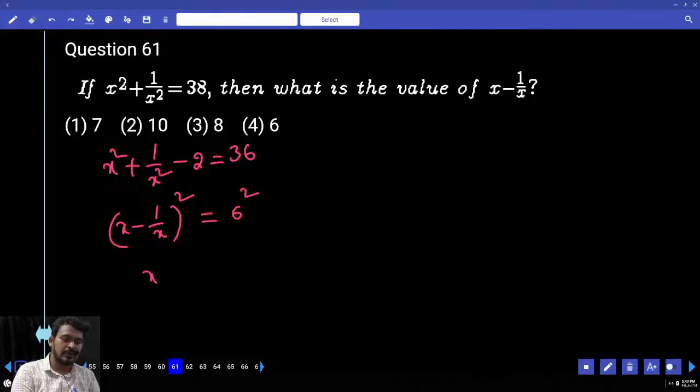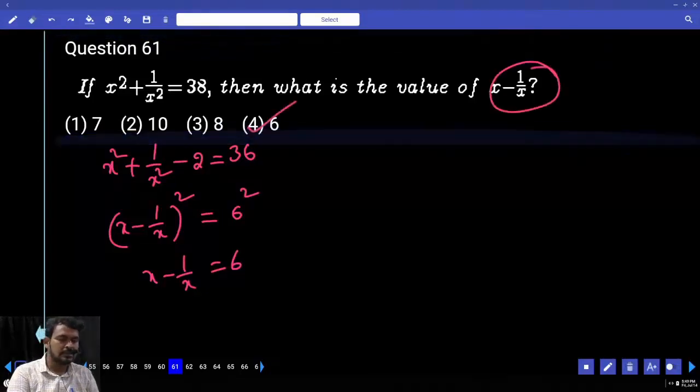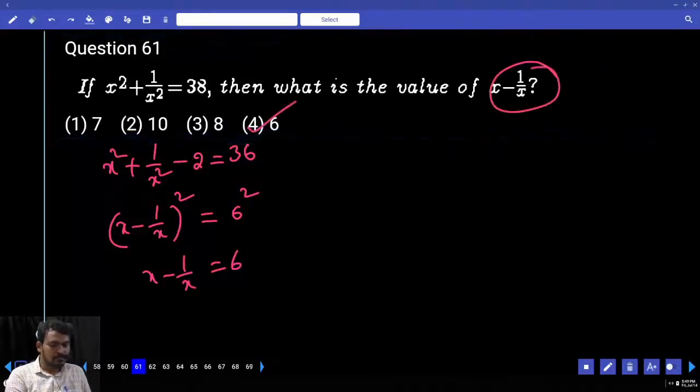Then x minus 1 by x equal to how much? 6. The answer is 6. Since the 2 is subtracted on the left hand side, it also becomes minus 2 on the right hand side.